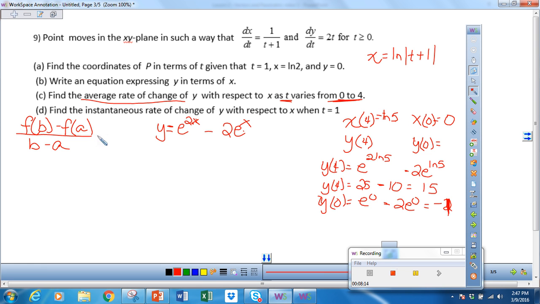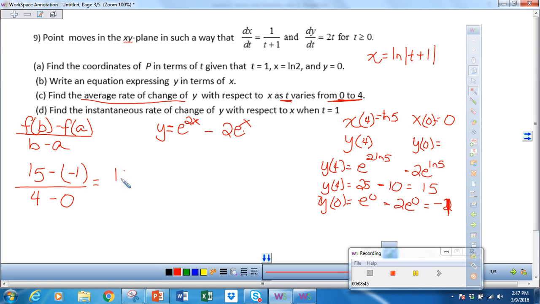So it's f of 4, which in this case is 15, minus f of 0, which is negative 1, over 4 minus 0.